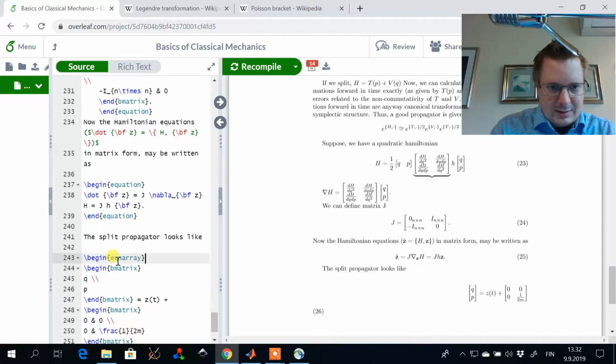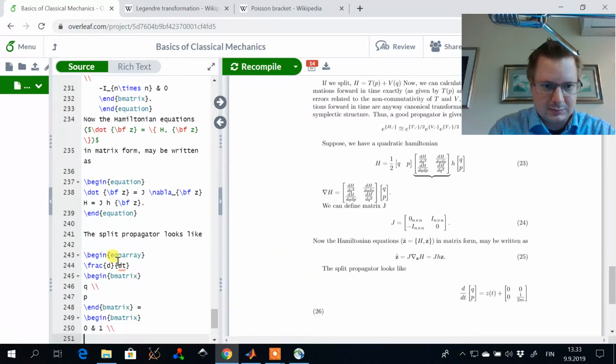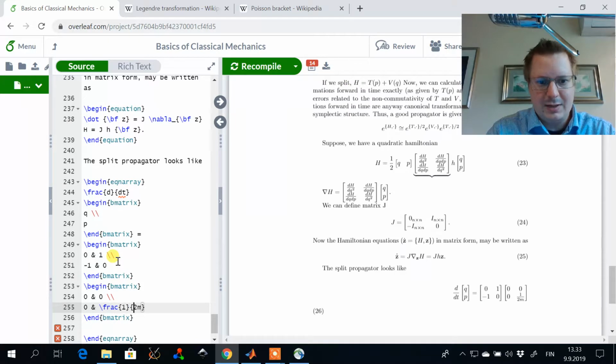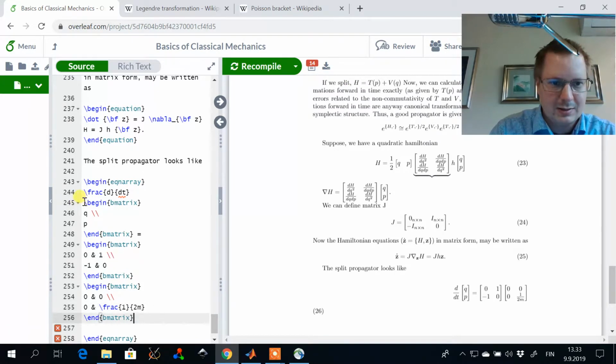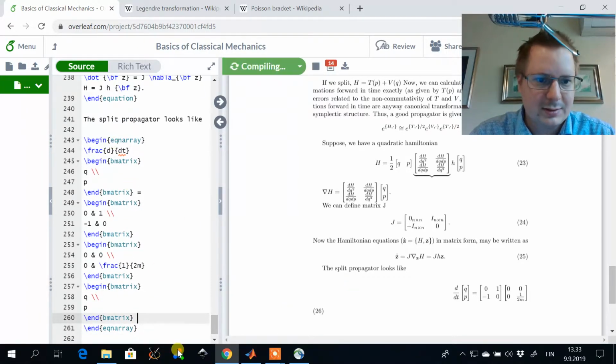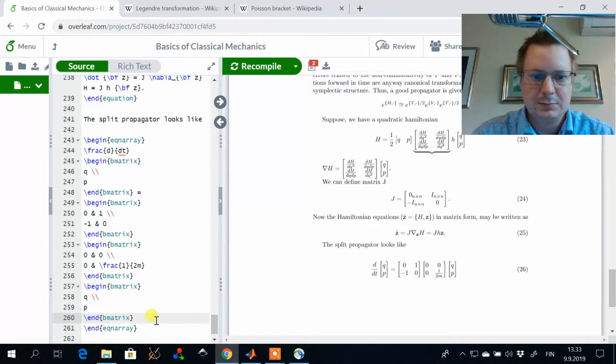So we had time derivative of these ones, and then they equal to J. So J is now given as 0, 1, minus 1, 0. And then we have the Hamiltonian, and then we have this one. So let's see if it now looks correct. Like so. Yes.